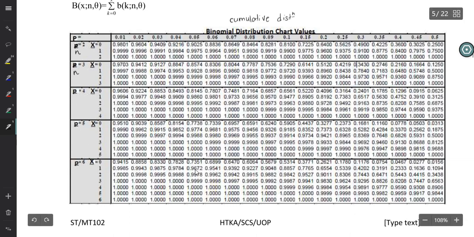Let's look at one subtable in this binomial distribution chart. Look at when n is 5, that is, the number of trials is 5. So possible values of x will be 0, 1, 2, 3, 4, up to 5. Depending on the probability of success, you can find the cumulative probabilities.